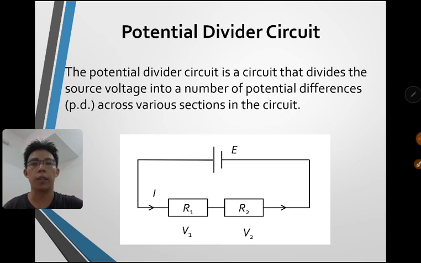So each of them will take 6 volt and the other takes 6 volt, and therefore afterwards what you can do is you just connect your lamp across one of the resistors.